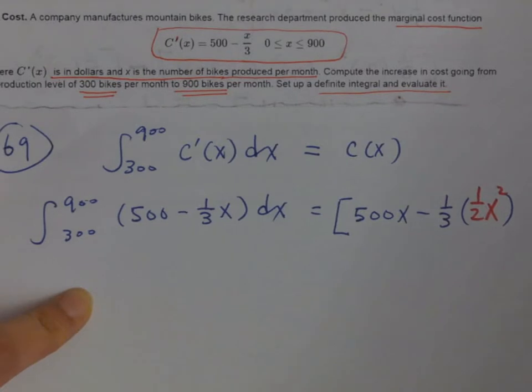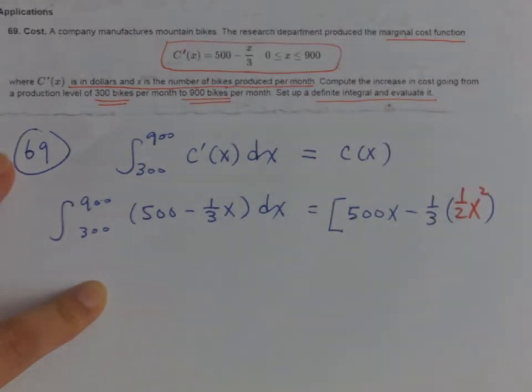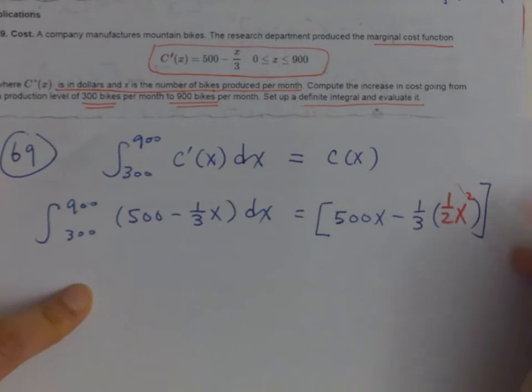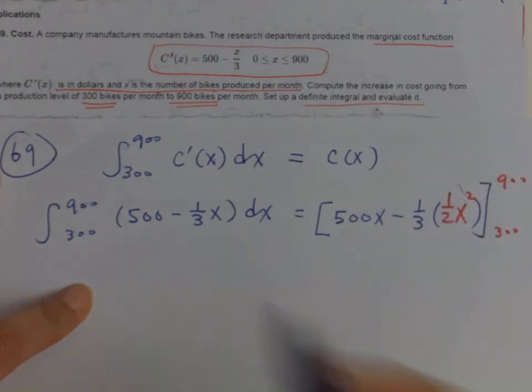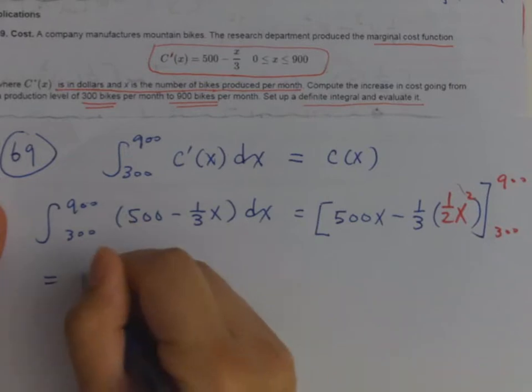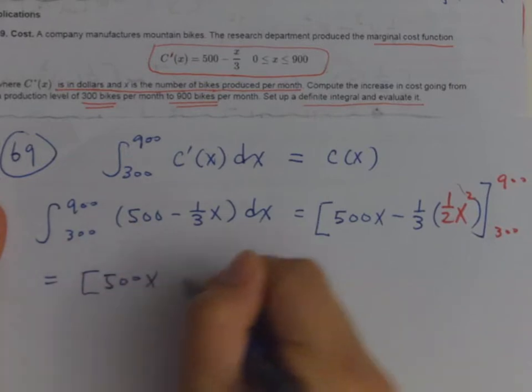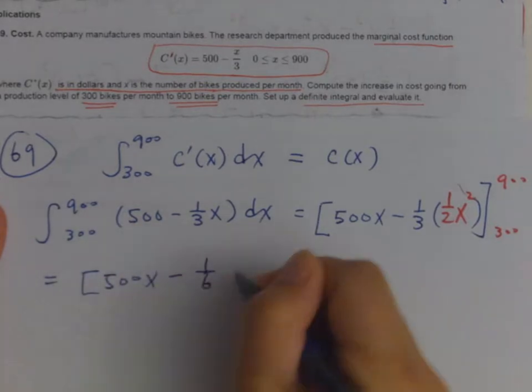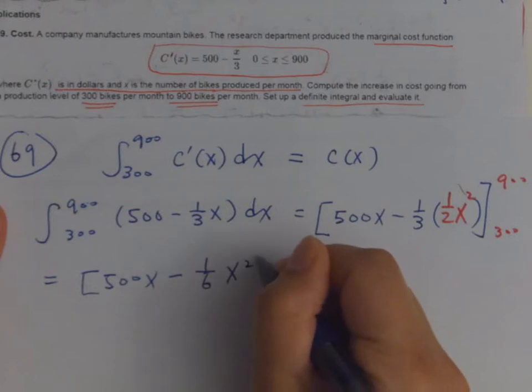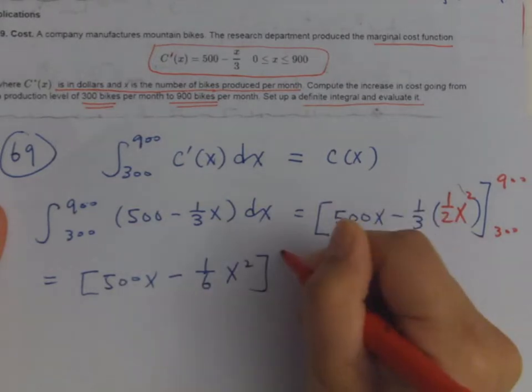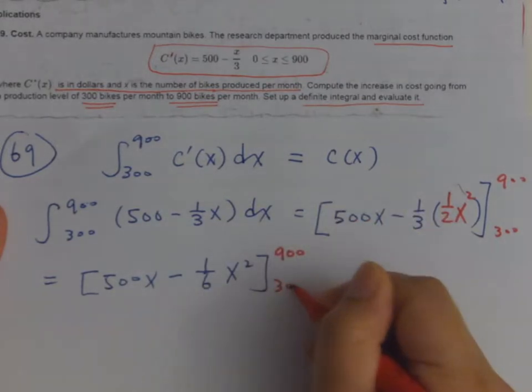Okay, and don't forget my limit is from 300 to 900, okay? So this is 500x minus 1/6 x squared, right? And then we have 900 here and 300 here.